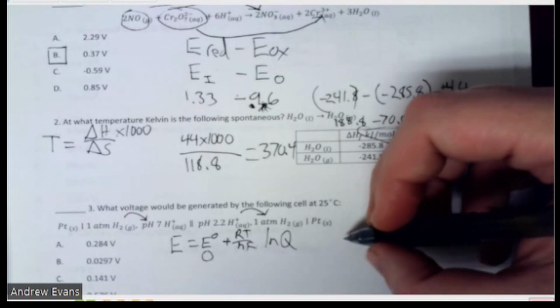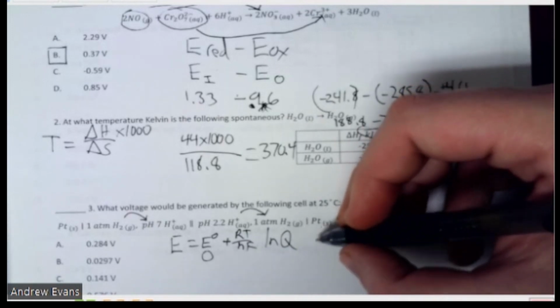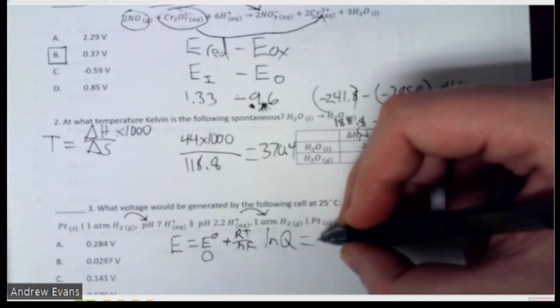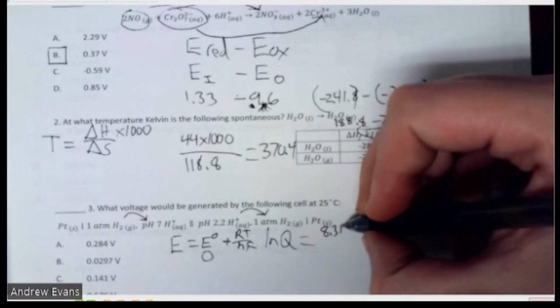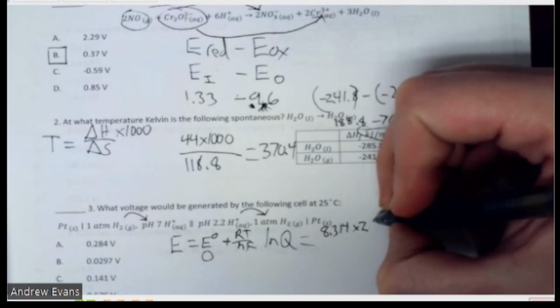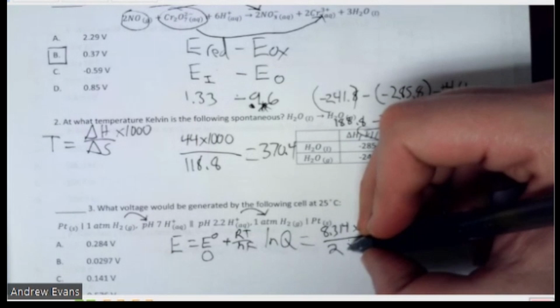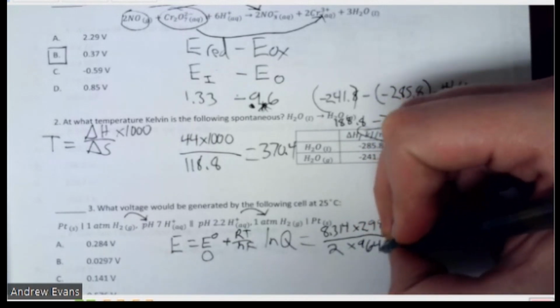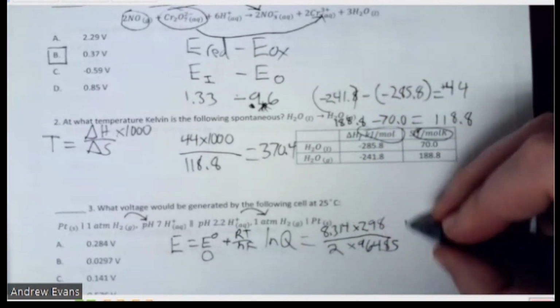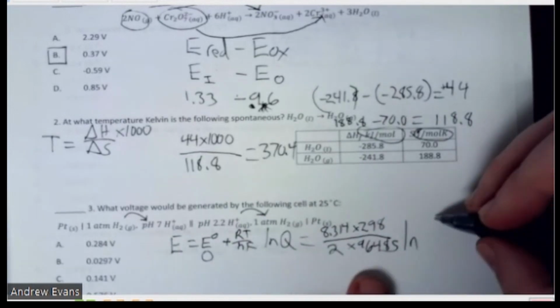But our Q, so you have R equals 8.314, that's our R, times T, 298, over our electrons, which is 2, Faraday's, which is 96485. The hard part right here, the ln Q, products over reactants.